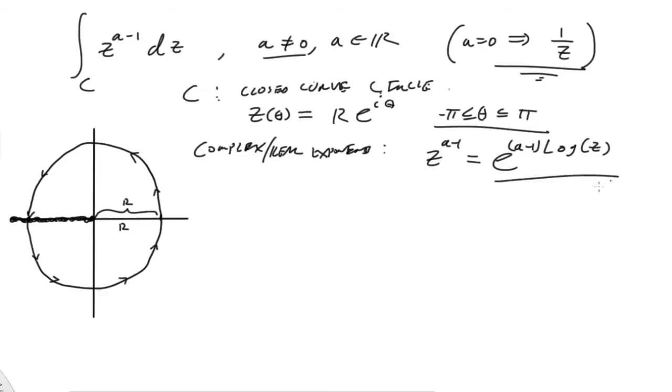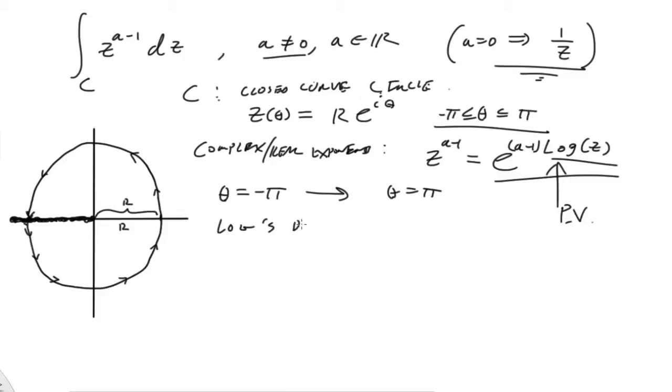So this is really the function that we're integrating, and of course it contains log. We're going to take the principal value branch, which corresponds exactly to this branch cut there. So the question arises: if I'm going to do this integral, theta is going to start at negative pi, and then go all the way to theta equals pi.